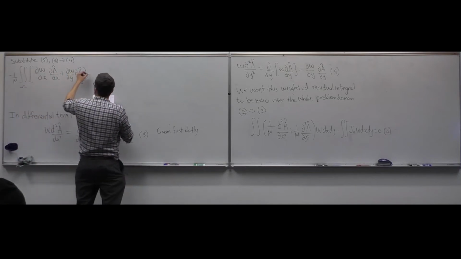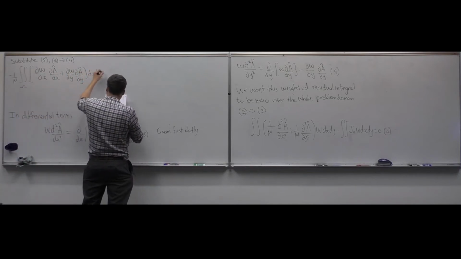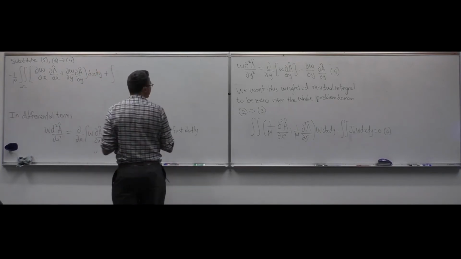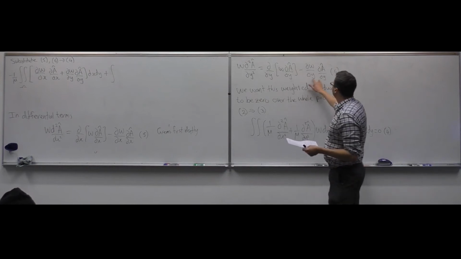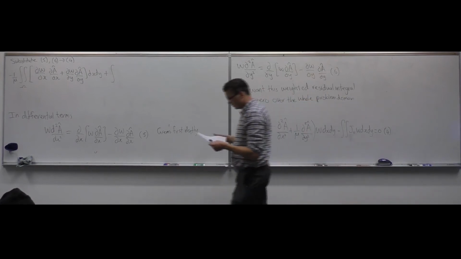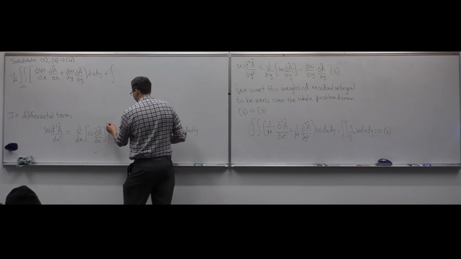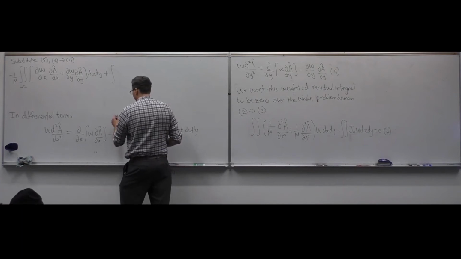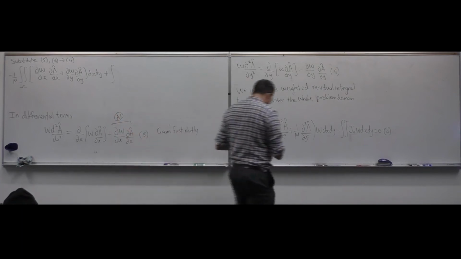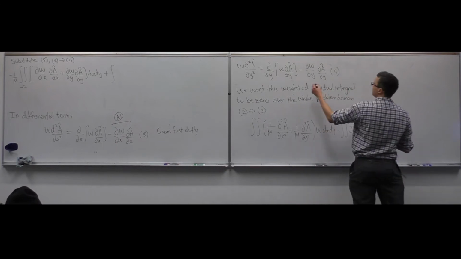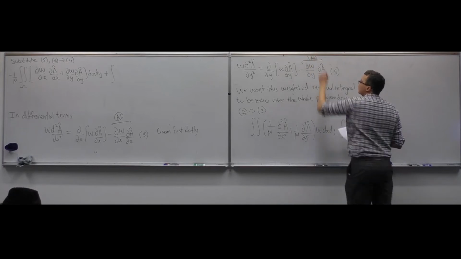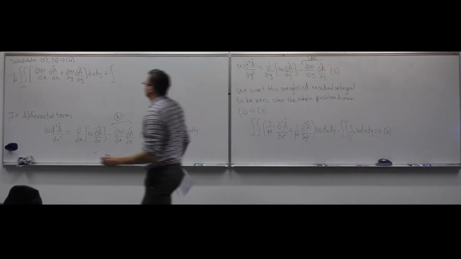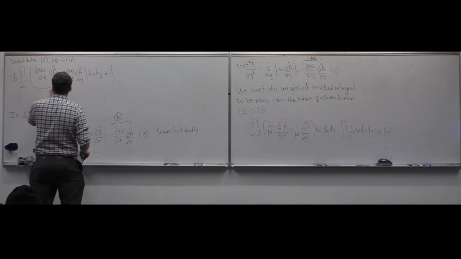And then we have dx dy plus, so that's the second term in 5 and 6. So that's here. This is a1, and this is a2.